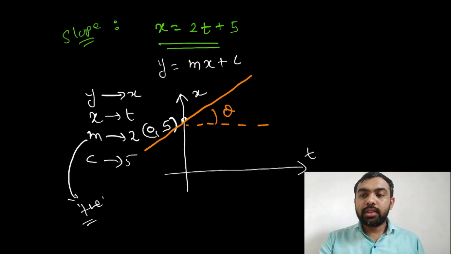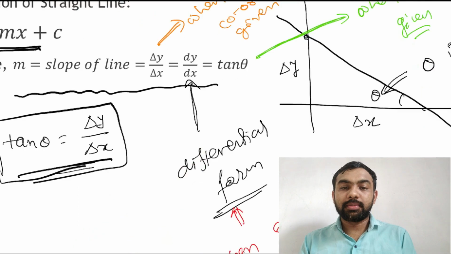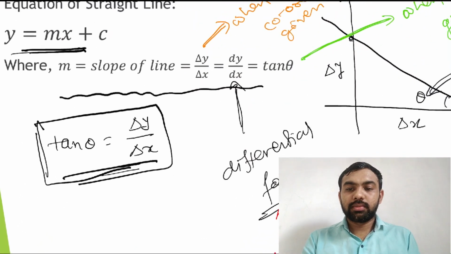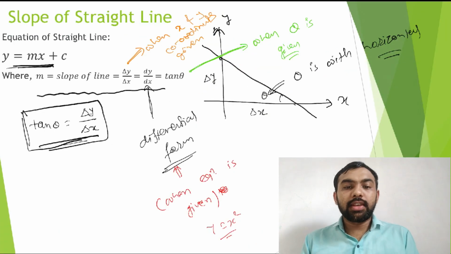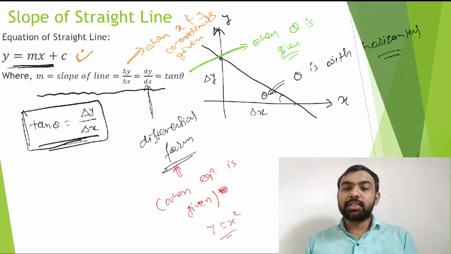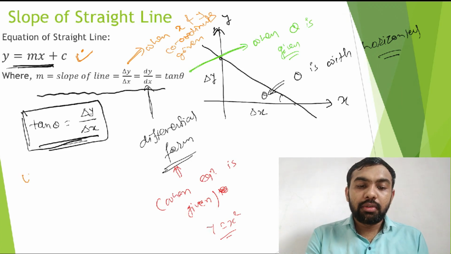Again, I am telling you, in this relation, whatever is given here, see. In this relation, y is equal to mx plus c. What is y? What are x and y both?